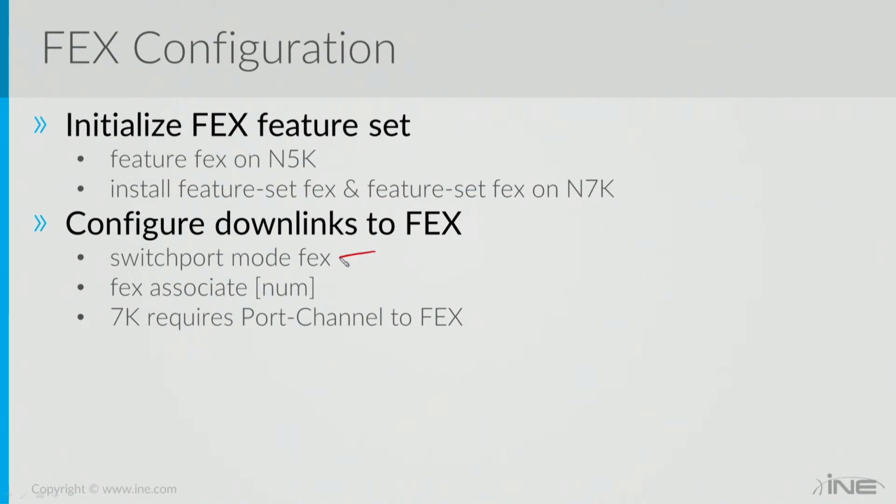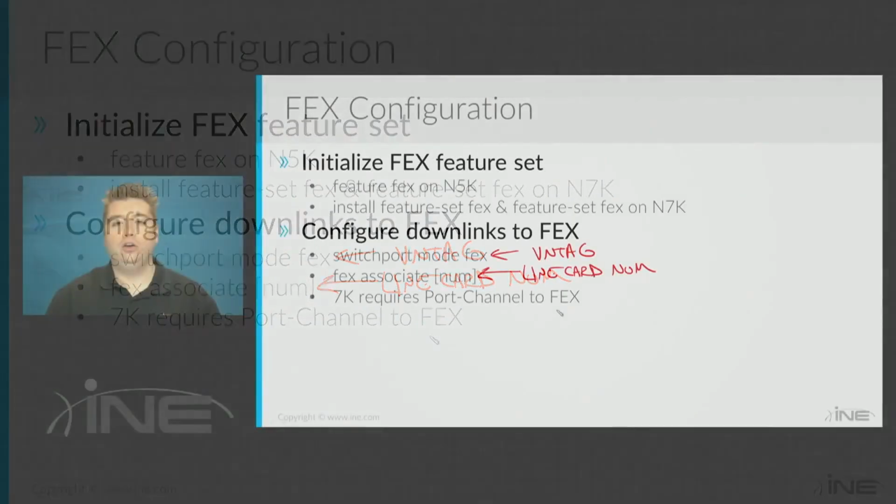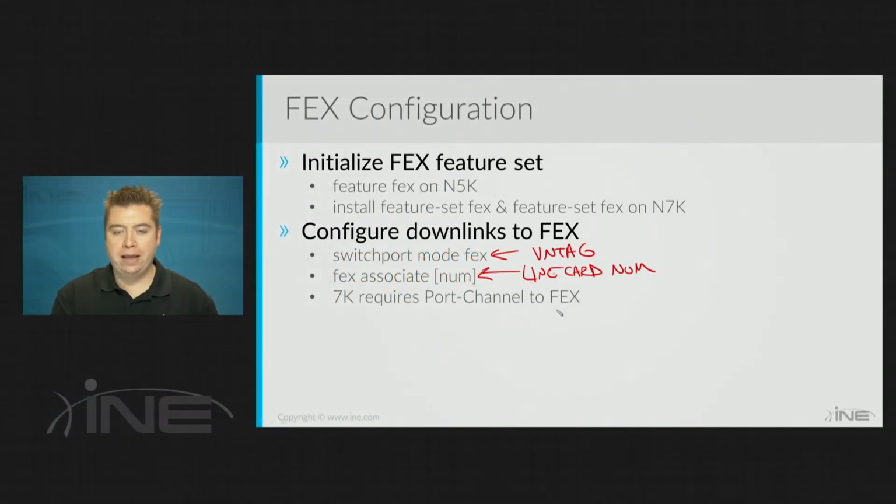Okay, so switchport mode fex here, this is what is turning VN tag on. fex associate, this is giving it a line card number. So this is the same as physically plugging in your F1 module or your M1 module into slot number 1, 2, or 3. Depending on where you physically plug that card in, that's what the numbering is going to show up in the running configuration.